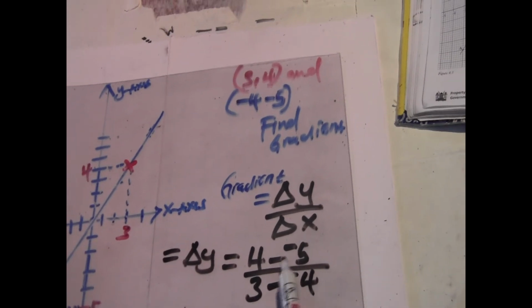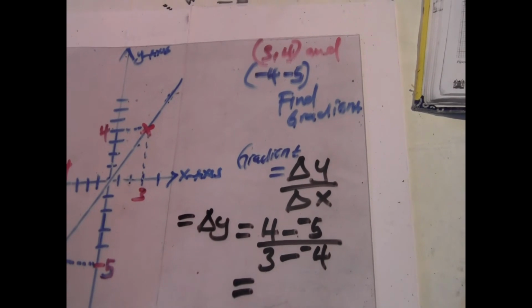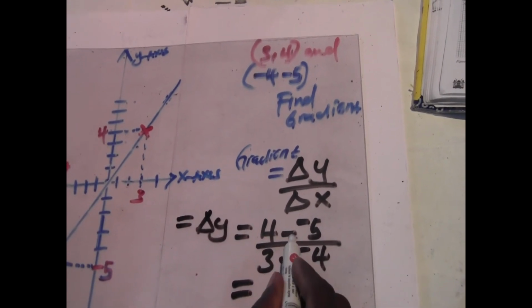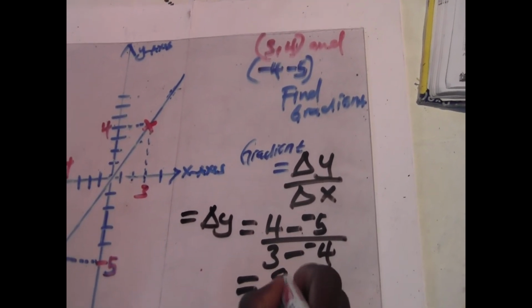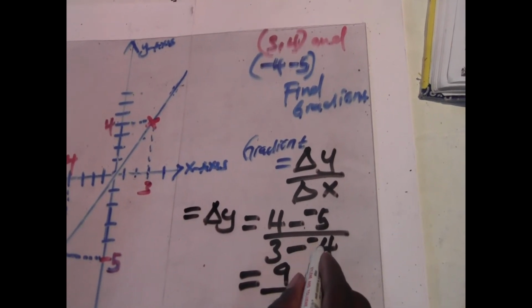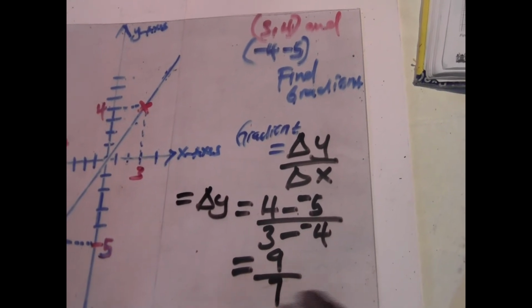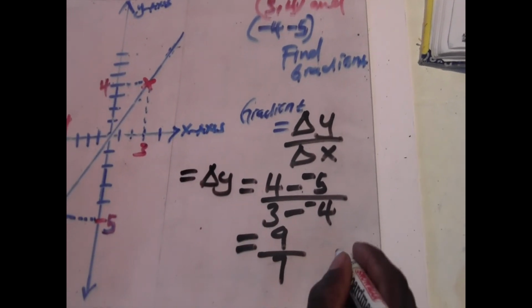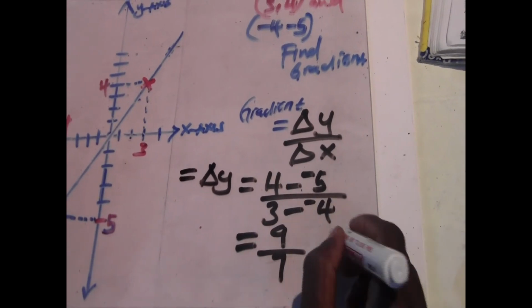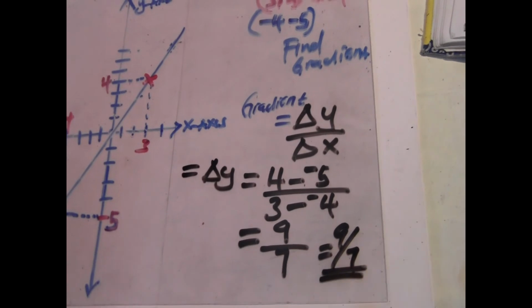From here we know minus minus gives you a positive. So 4 minus negative 5 is going to give you 9, over 3 minus negative 4, which is going to give you 7. So for this case, the gradient of this line is 9 over 7. This is the gradient of this line.